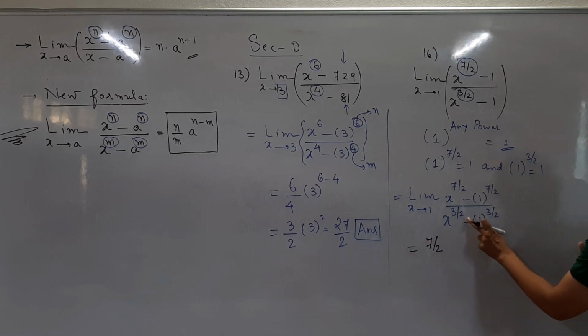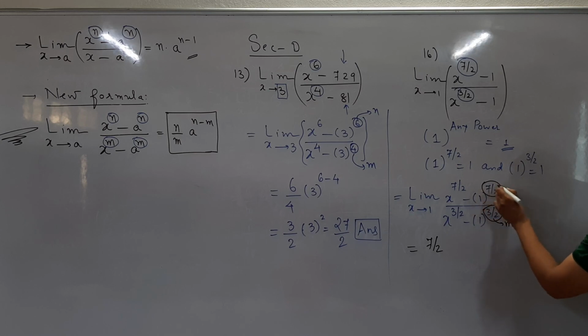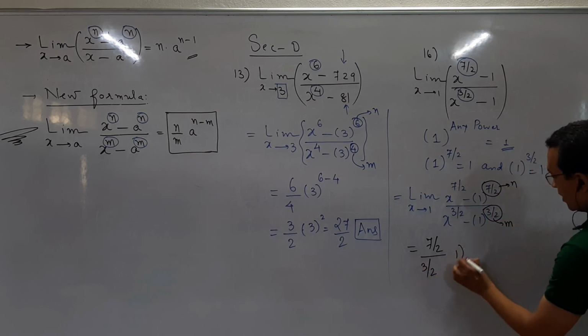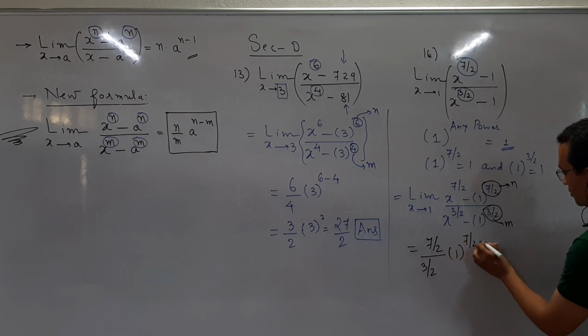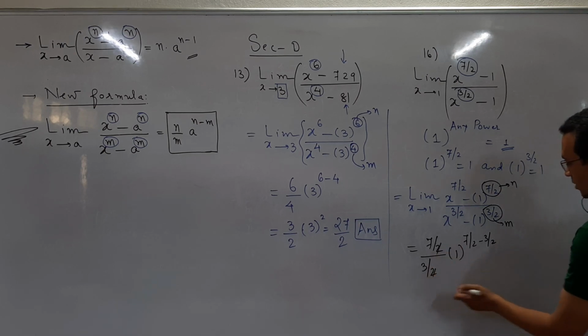This is x raised to n minus a raised to n. I am circling and writing this as n, and this as m. And it is 1 raised to 7 by 2 minus 3 by 2. I told you 1 raised to any power is 1. So this will be 1, 2 and 2 gets cancelled.